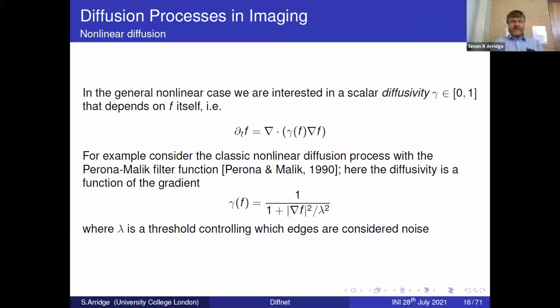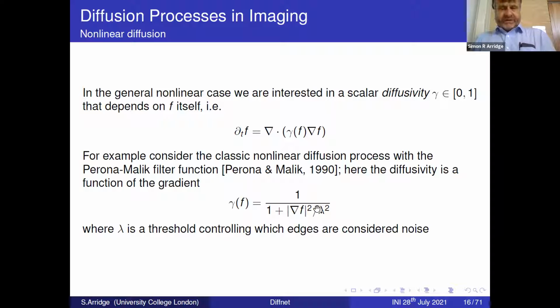But we're interested in the nonlinear case, so we'll say there's a scalar diffusivity, which we'll put in the interval 0, 1. And one of the prototypical examples is the Perona-Malik filter. There's a number of variations of that, but it's a convenient one where you make this diffusivity the reciprocal of 1 plus the square of the gradient of the image, with a threshold controlling the effect of the magnitude of the image gradient.